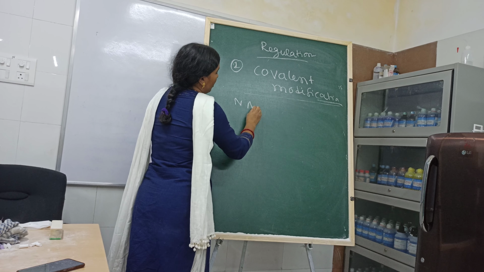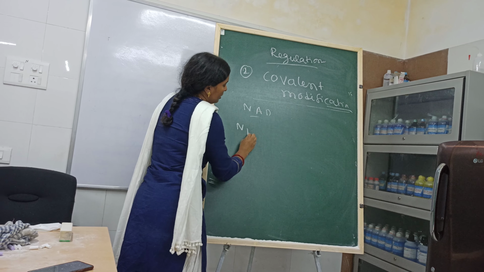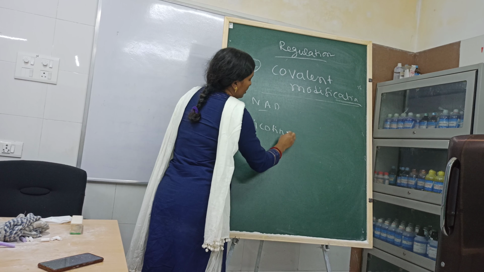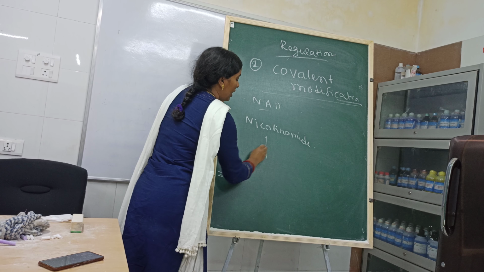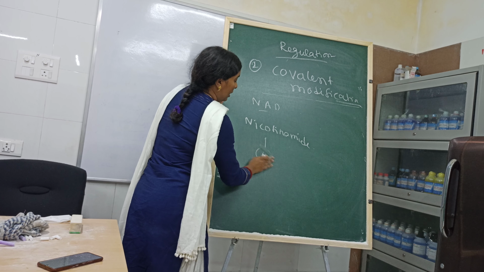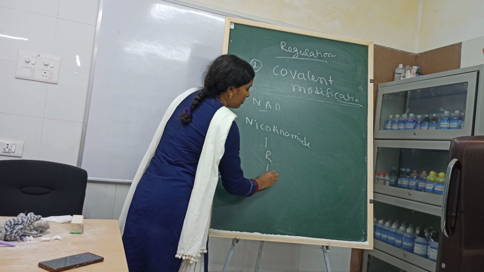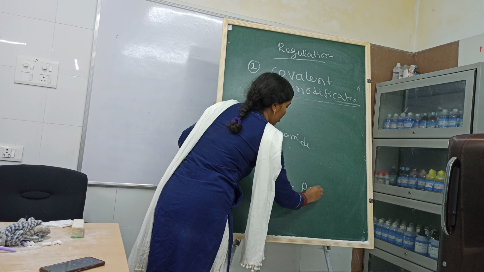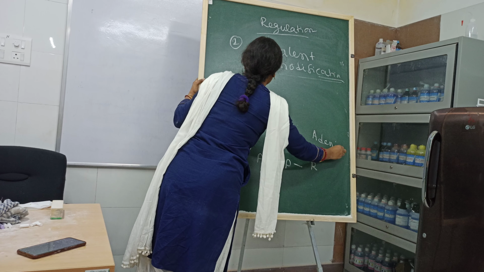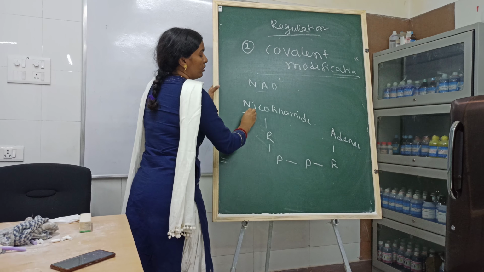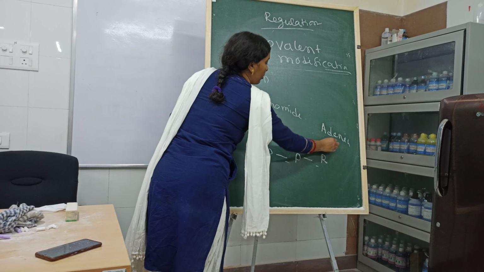if I draw the structure of NAD, then what is the structure? Nicotinamide, ribose, phosphate, ribose, and here the adenine. So this is the structure of NAD: nicotinamide, ribose, phosphate, ribose, and adenine.